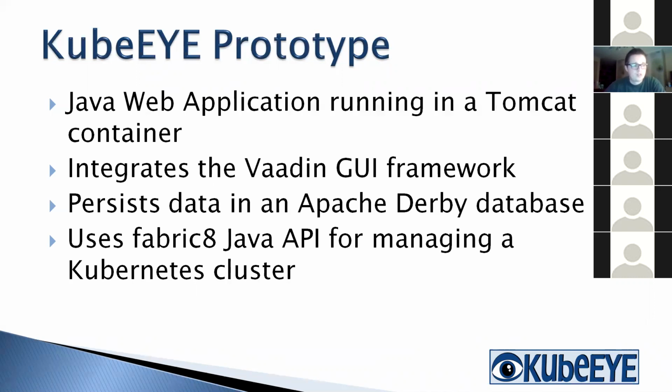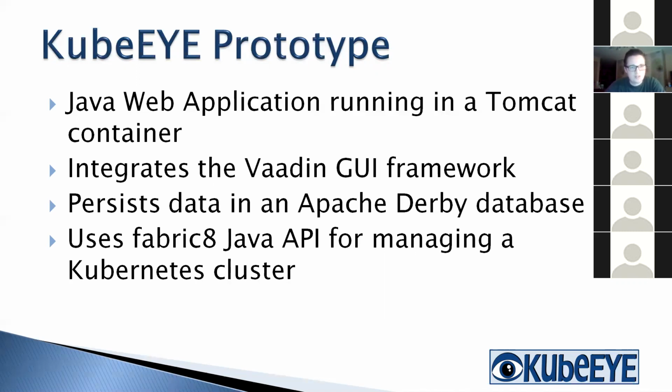We chose the Vaadin UI framework. I don't know if you know it, but it gave us the possibility to create the complex landscape designer also in Java, even though it's running in the web browsers of the users on the client side. So this was just a pragmatic decision. Also, a very pragmatic decision was to use an Apache Derby database.